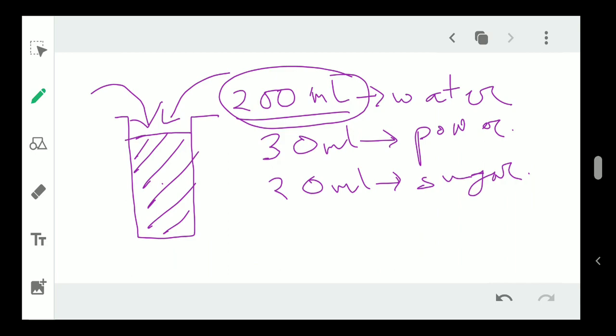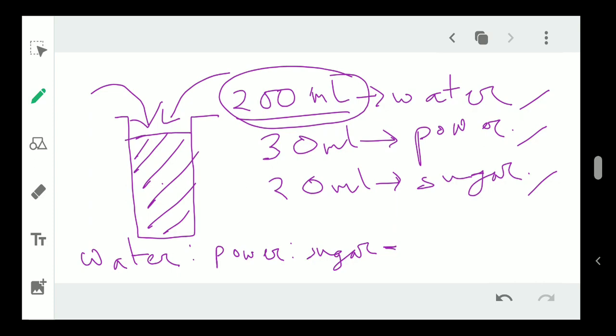Now we are going to compare three objects, that is water, powder and sugar. So I can write here, the ratio of three objects, water is to powder is to sugar is how much?